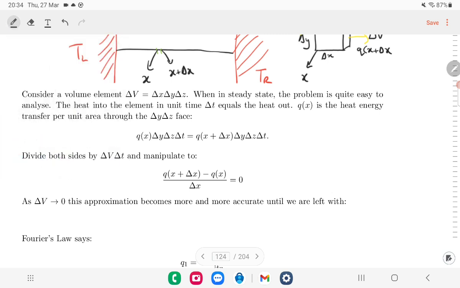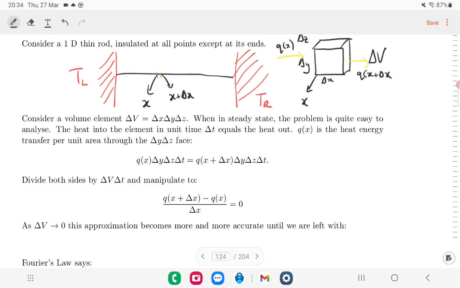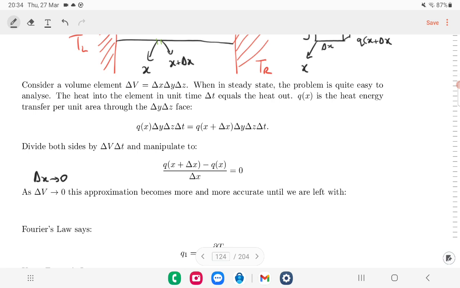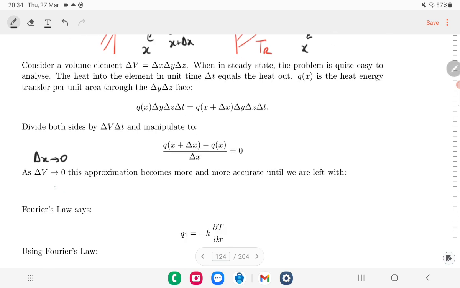What you're doing in making delta V go to 0 is, since you can't really shrink delta Y and delta Z, delta X going to 0, which implies delta V goes to 0, and this gets more and more accurate. So you're looking at the limit as delta X goes to 0.